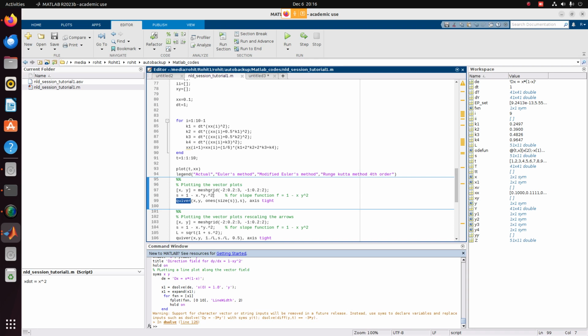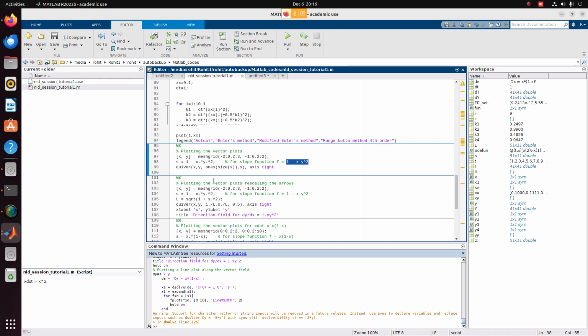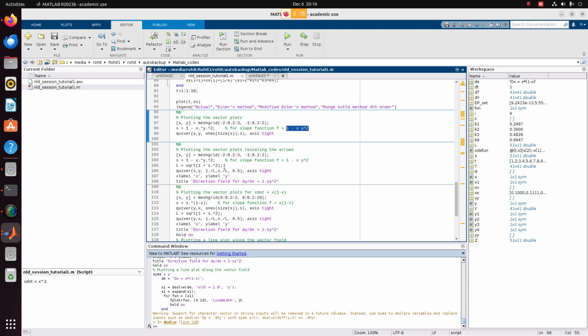For plotting the vector field, the important thing is you need to know the slope at each point. So we write x dot is equal to f of x. x dot is actually the slope of the system, dx by dt. So the slope is nothing but the f of x function which you are giving. Here they have considered 1 minus x y square, and you plot the mesh grid and vector fields, and in order to make it proper you divide it by the norm.